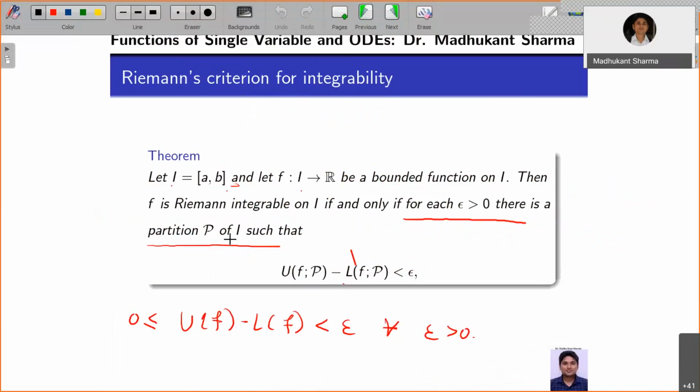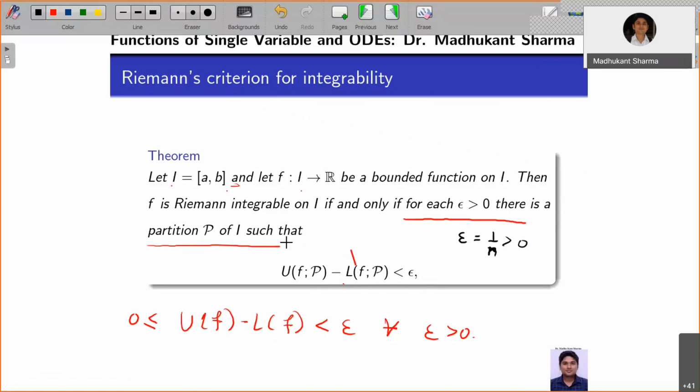But if you note, here it is saying there is a partition P of I such that this happens, so it is not possible many times to establish this result. So the corollary of this is very important: if you consider a sequence of partitions, for given epsilon you can start with epsilon equal to 1 by n greater than 0.